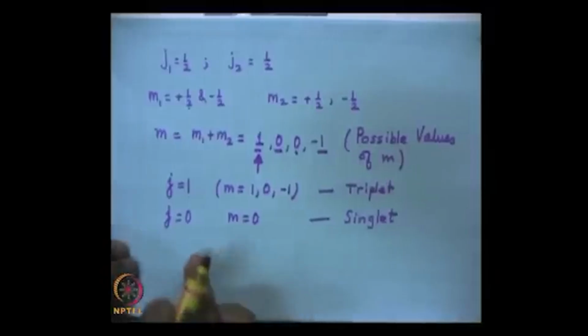Okay, I will come back to this in a moment, but before that let me give you another example. Let me consider the interaction of the orbital angular momentum with the spin angular momentum.